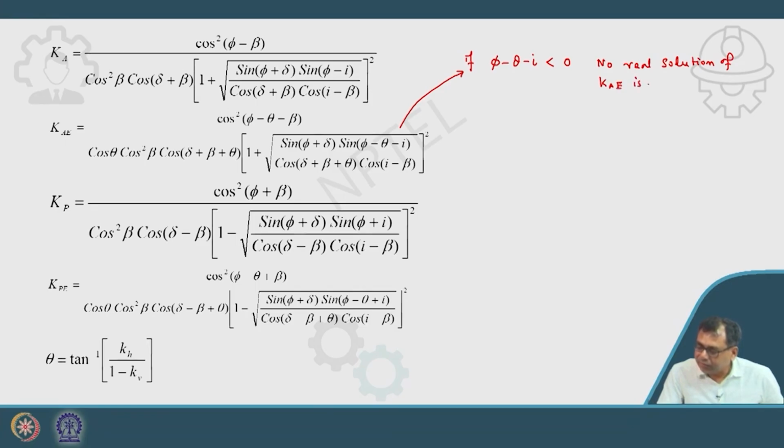That means the equilibrium condition will not exist. So to get a possible solution, the condition is that phi minus theta minus I should be greater than or equal to 0. Then only a real solution is possible.